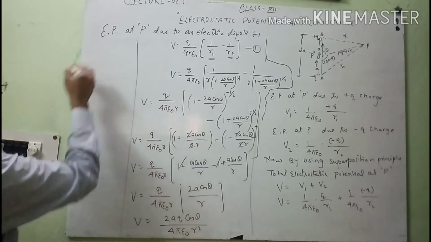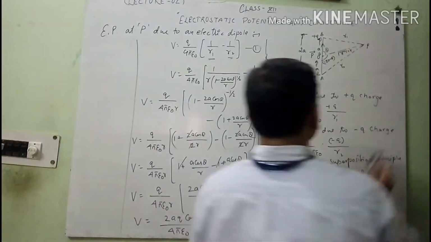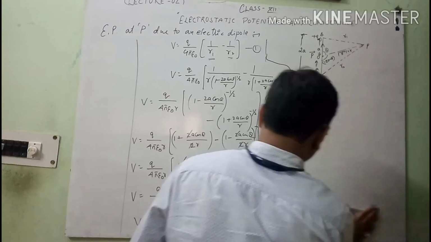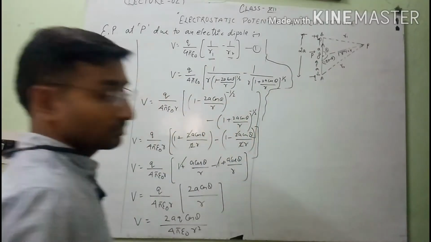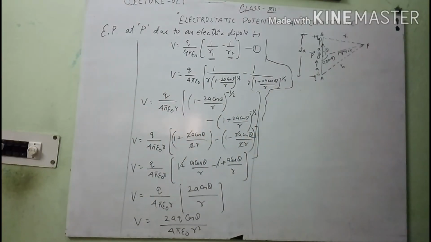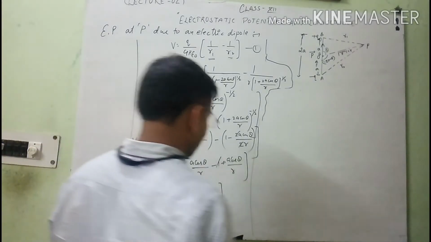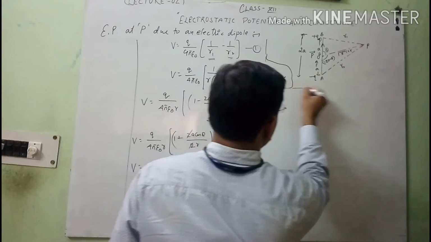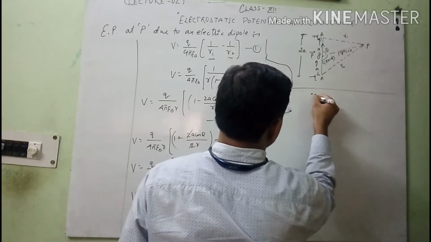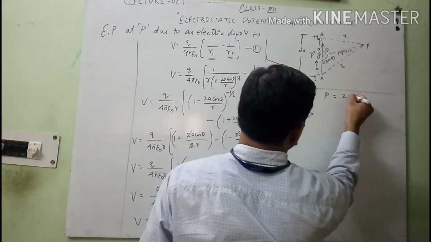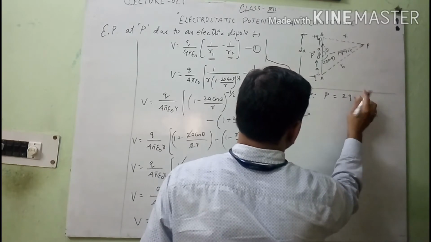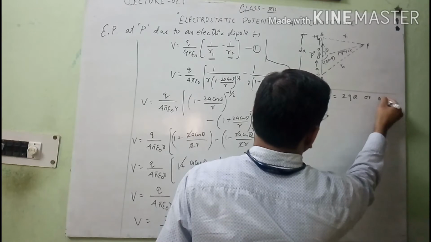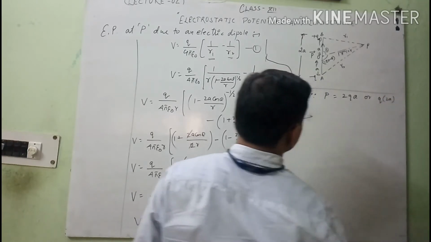So you know that electric dipole moment P is equal to 2QL or 2QA, or Q into 2A.